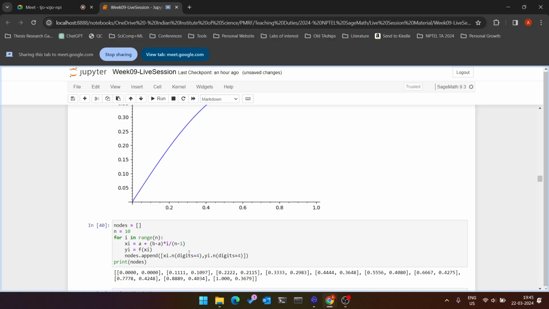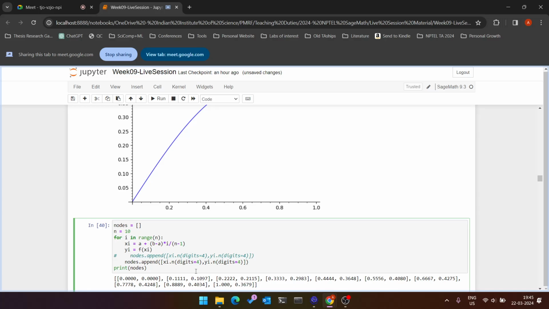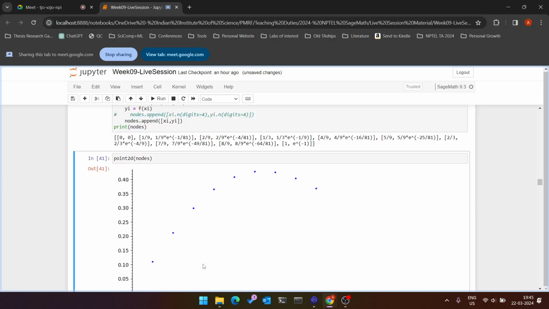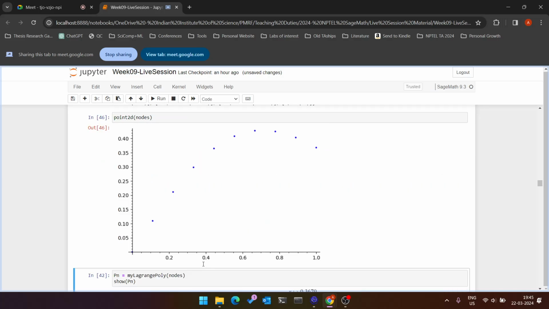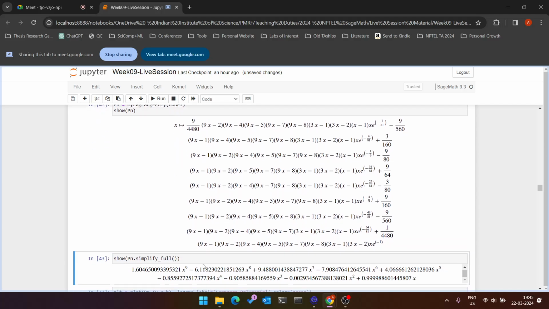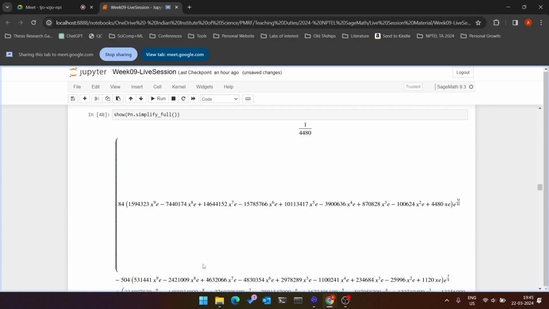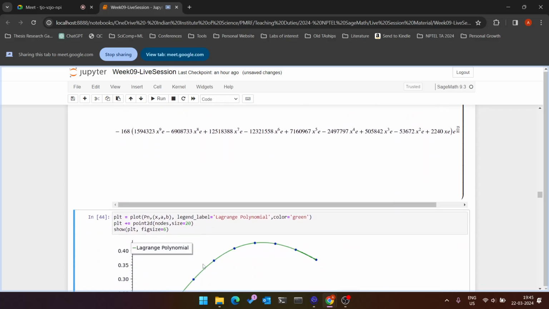If I have to do this again, if I remove this n digits, my expression would become quite large, but my answers would now become more exact. So simplifying, it's still very large.